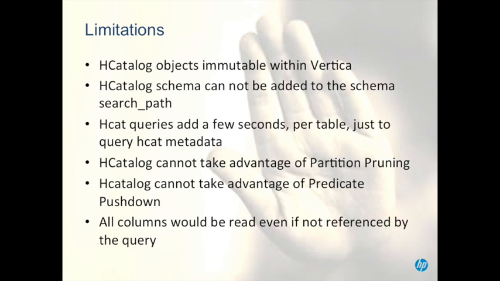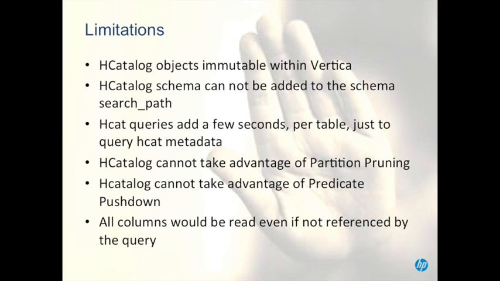The other thing is that the HCatalog files are really what they are. It's not like you're going to go in and start changing them within Vertica. So you cannot create tables or projections in the HCatalog schema. So what it is, it is. Again, you're just making that connector to your Hive. It's not like you're going to suddenly start changing how that's set up.